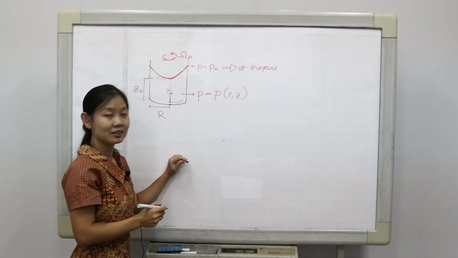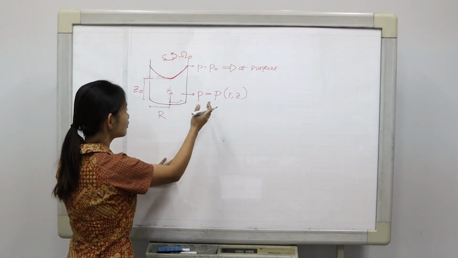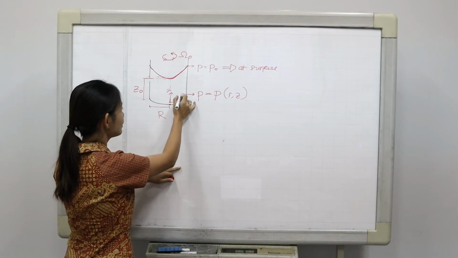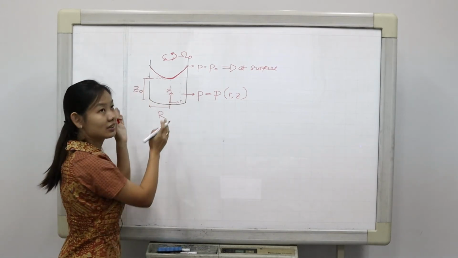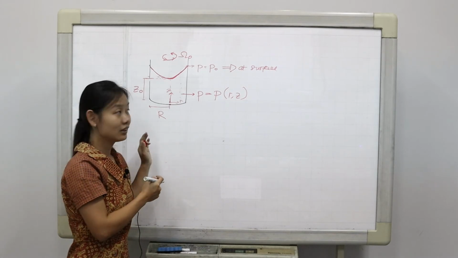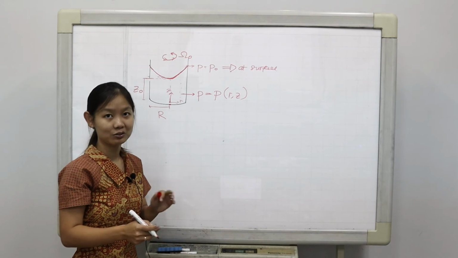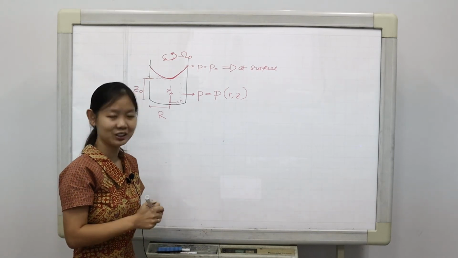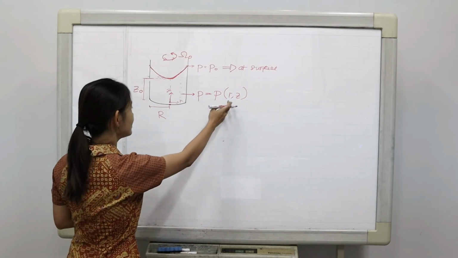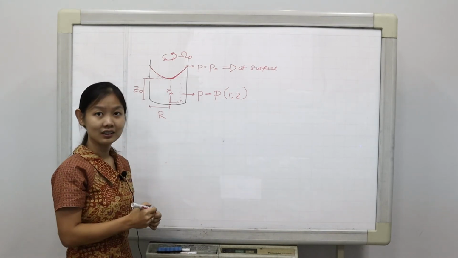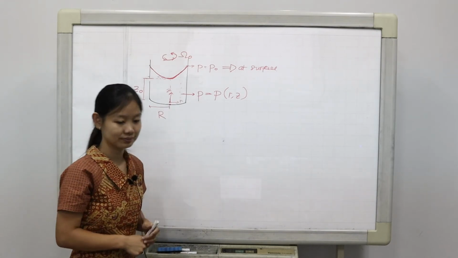So the fluid will have varied pressure at different heights and also at different radii, but it's not a function of theta, just like what we discussed in the previous example.